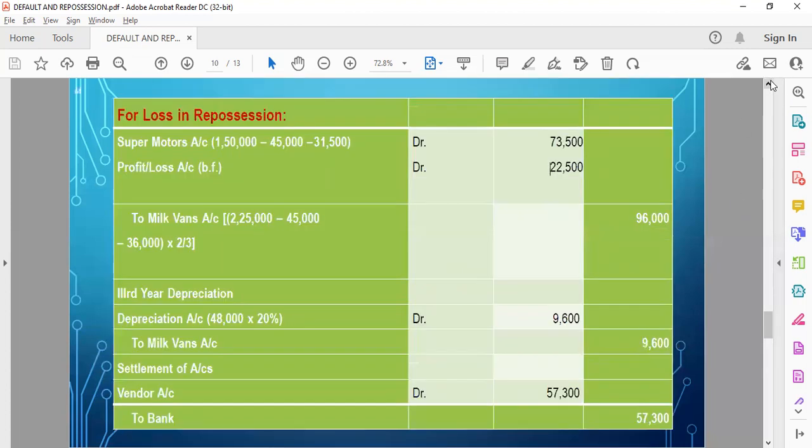For that 48,000 we should calculate 20% depreciation. Depreciation account debit 48,000 into 20 by 100, you will get 9,600, to milk vans account 9,600. Then they are going to settle the accounts.